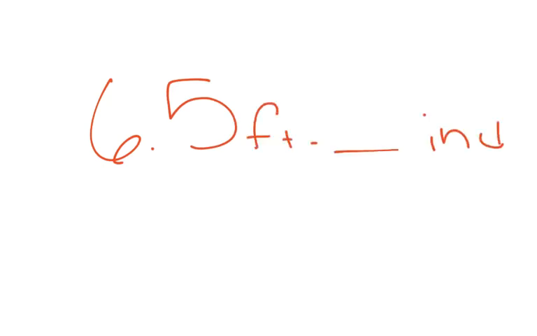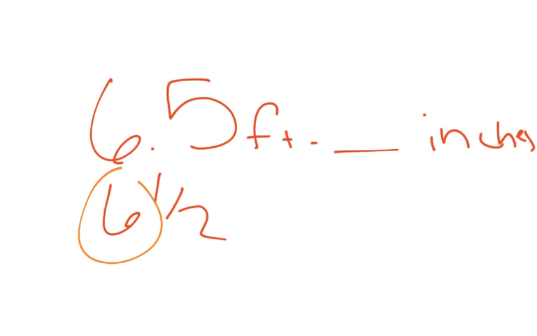So let's do that. 6.5 feet is how many inches? Let's convert the 6 feet first, and then we're going to add the half. So 6 feet is how many inches?